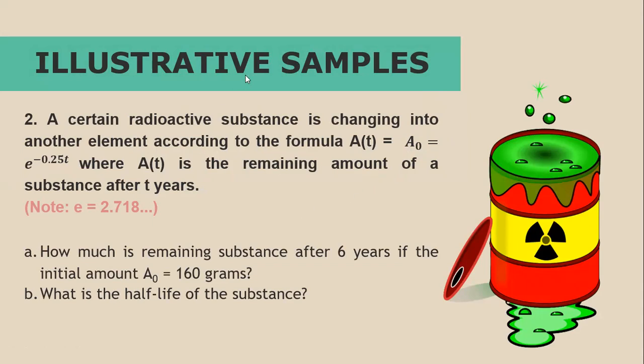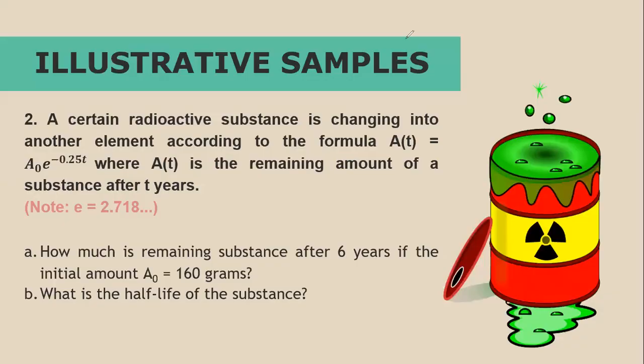Okay? So ito naman meron tayong formula. So A of T daw is equal to A sub O times e raised to negative 0.25 times T.